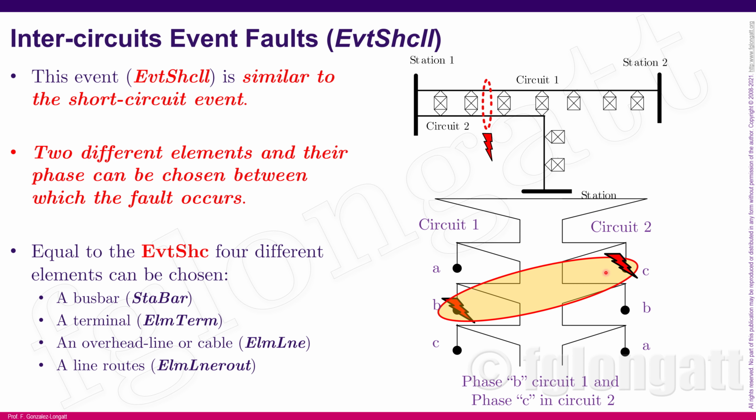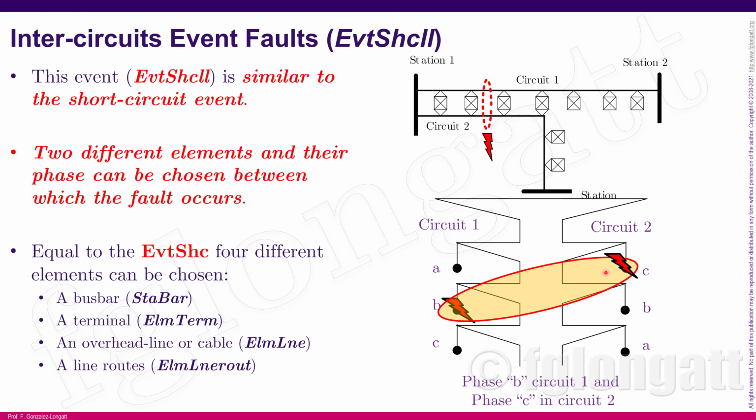That can be happening, for instance, because of a lightning strike, okay? There is a lightning strike on the tower, there are overvoltages, suddenly there is a short circuit between the line B in the circuit 1 to ground to the tower, and the other one in C on the circuit 2, okay?